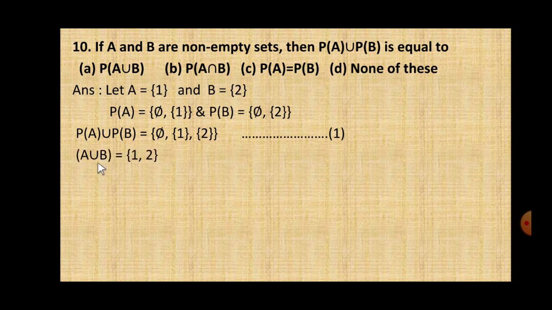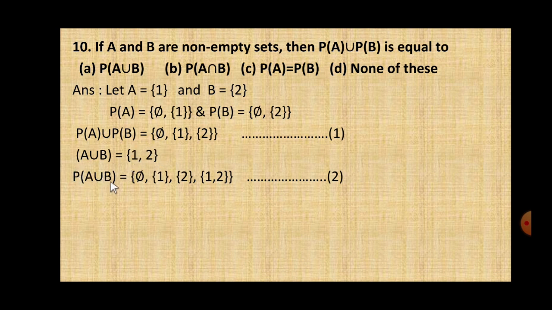Next, what is A union B? So here A is 1 and B is 2. A union B is 1 comma 2. Then by using this one, next you have to find out what is P of A union B. P means power set of A union B, means possible subsets of this given set you write down.